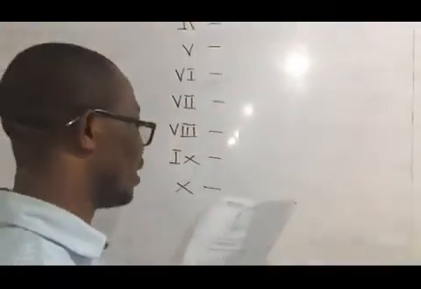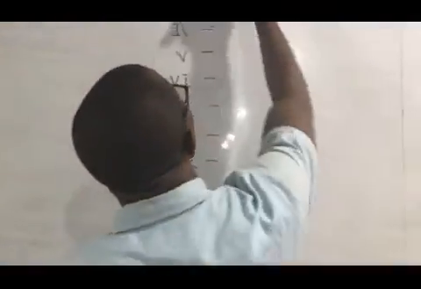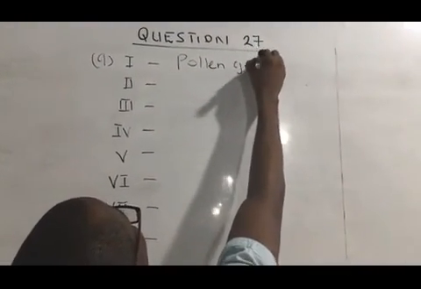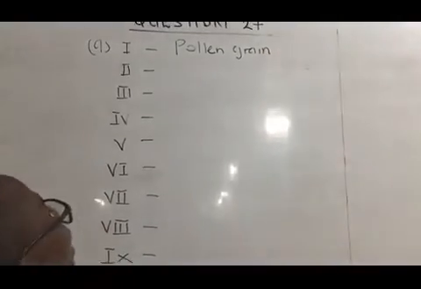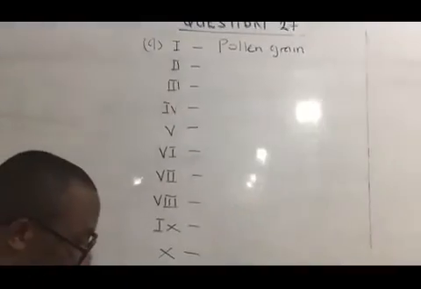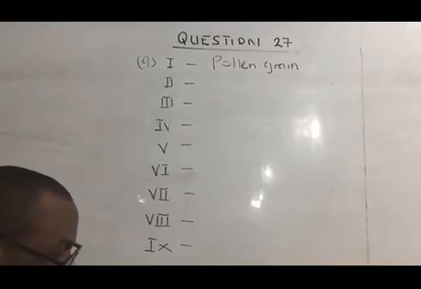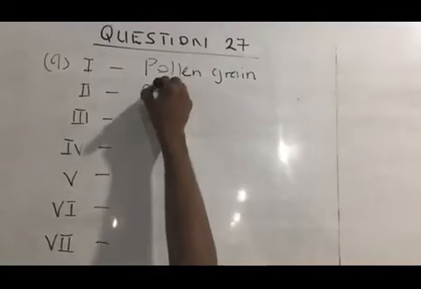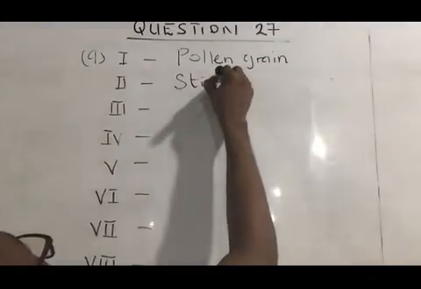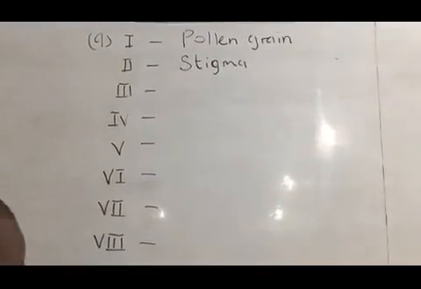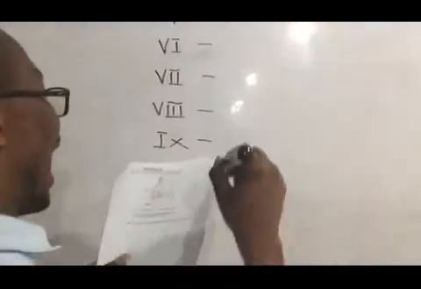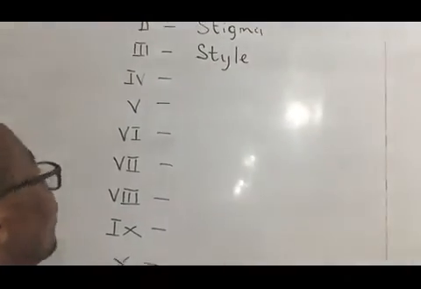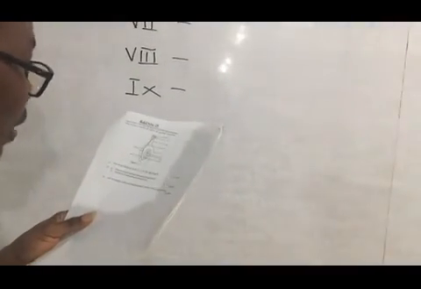So I is the pollen grain. And then II is the stigma. III is the style.